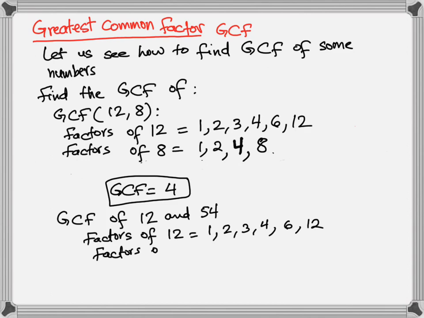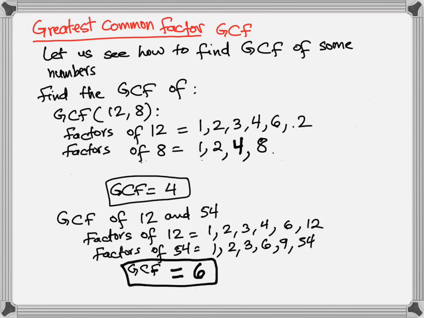And then we're going to do the factors of 54, which are 1, 2, 3, 6, 9, 54. Now what's the greatest common factor? The answer is 6, right? Okay, perfect.